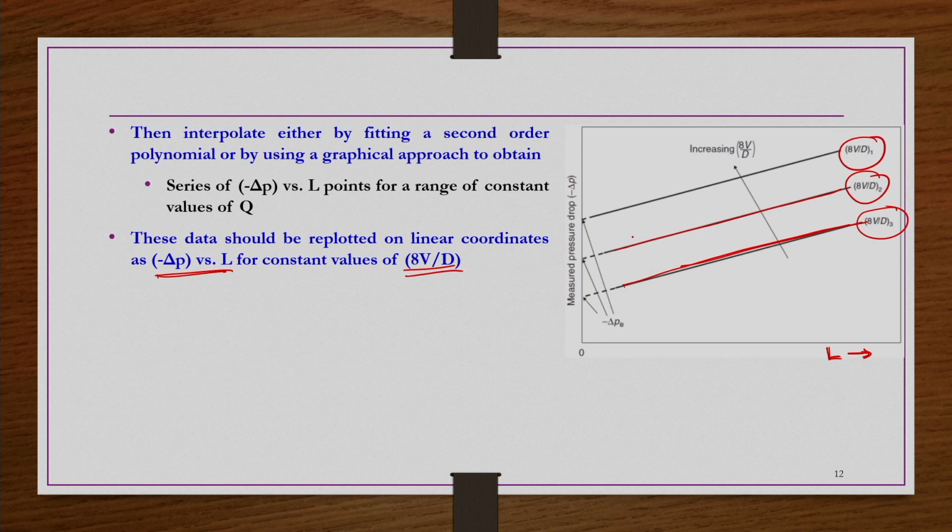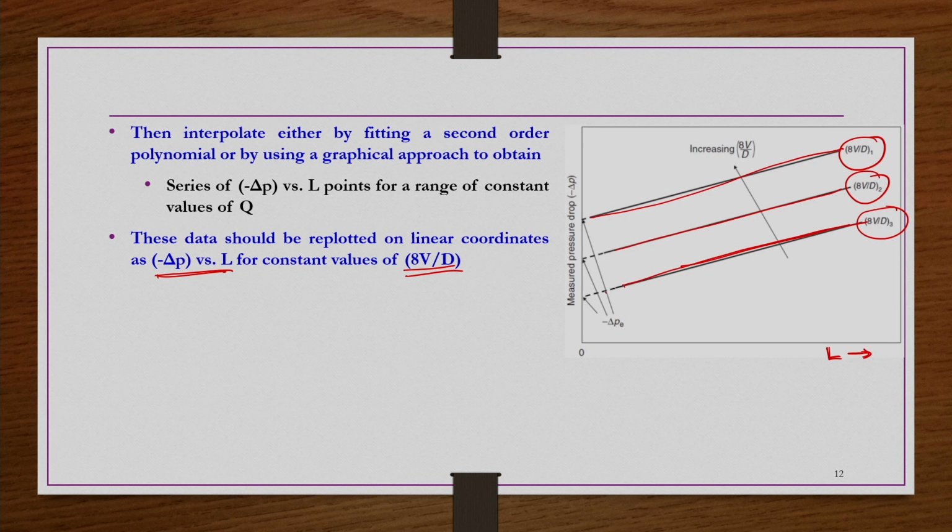Minus delta p versus L for different 8 V by d values gives different curves, because L is not sufficiently large. If it is a lengthy capillary, then again you may get the same lines superimposing onto each other, or very close to each other.